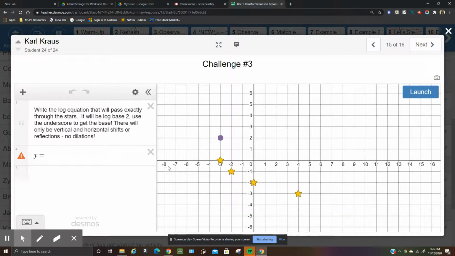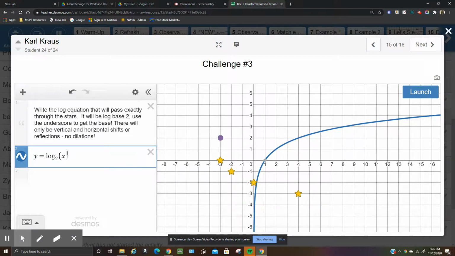And then 15, you want log base 2 again. Right, there's what the graph looks like. It looks like I want to have the asymptote at -4 or so.